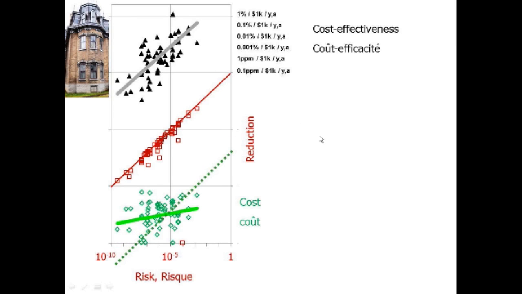What I want to point out is that if the option costs were proportional to how much risk we're reducing, in other words, if you had an option that was 1,000 times more important than another one in terms of reducing risk, you would think it makes sense to spend 1,000 times as much money. When you actually look at the cost of those options, they're not on the same slope of line. They're here. It's actually almost flat, which is the bad news.